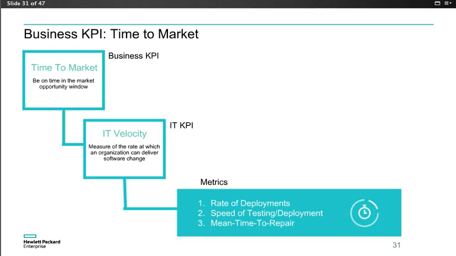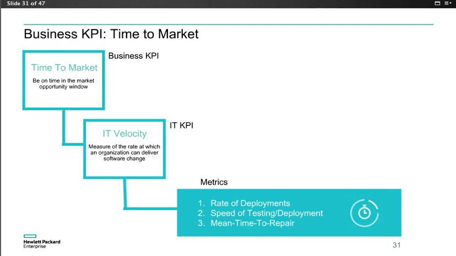The next example that I would like to introduce today is time to market. It's something we heard many times. It's maybe 60% of cases when we visit a customer that they ask us to help them with this indicator, time to market.